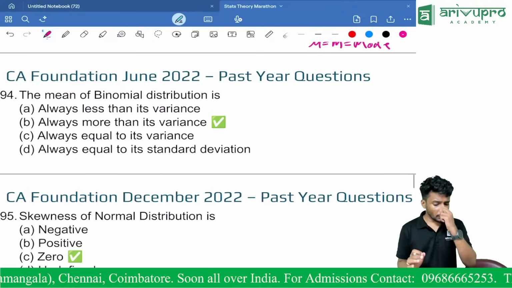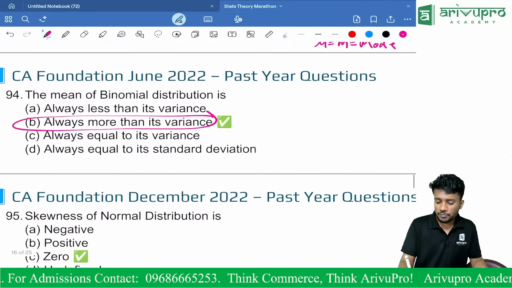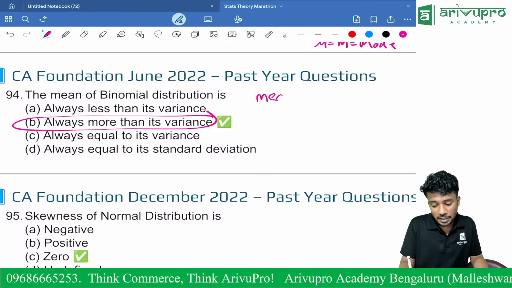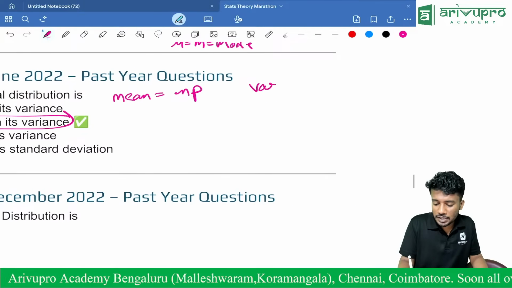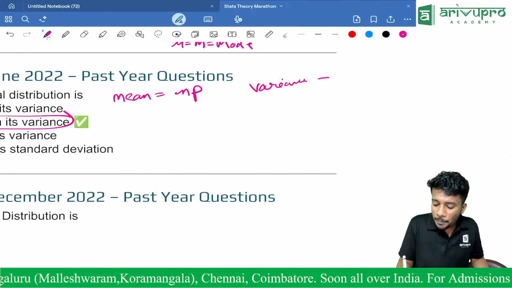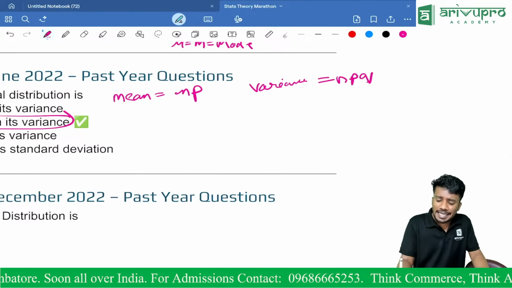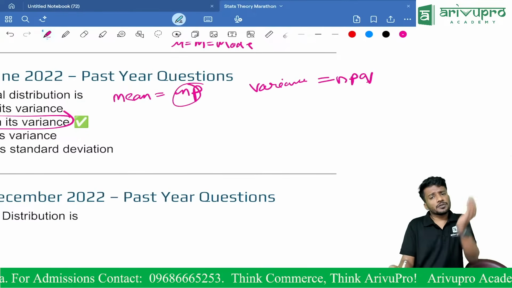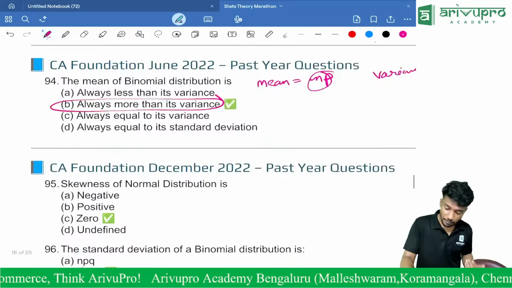Then the mean of binomial distribution is always more than variance. Why? Mean is equal to NP, variance is NPQ. When we multiply again this value with a decimal value, it will become a lesser value. That's why mean is always more than the variance.